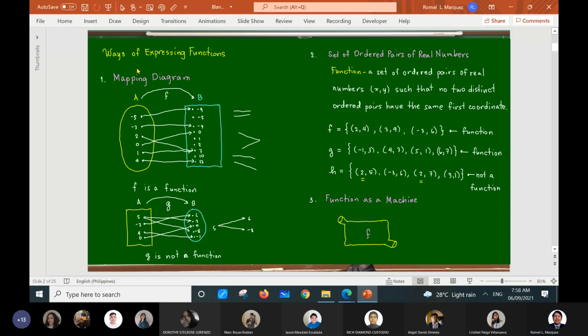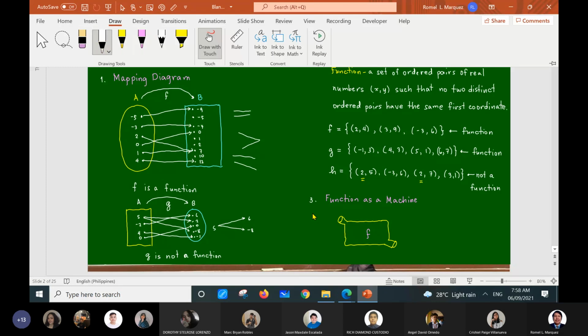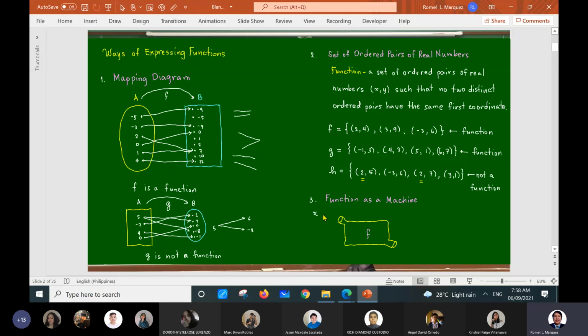Now, a number will enter the machine, F will process it, and then there will be a finished product, and that is the output. Call it y, okay, guys? That is equal to f of x.